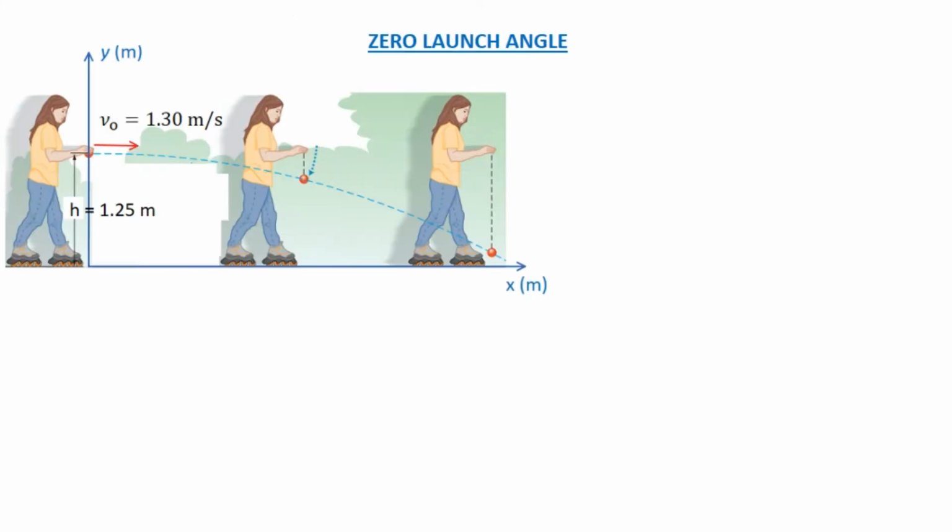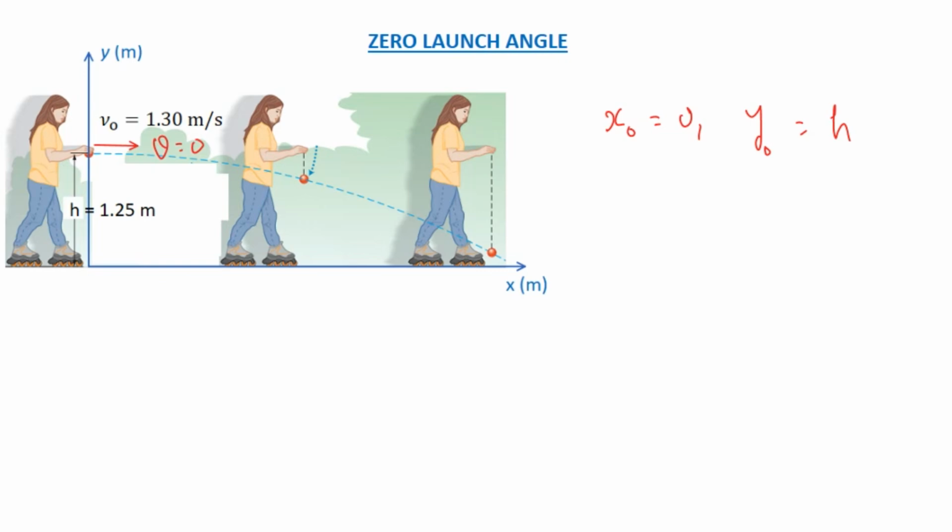Then next we discussed the zero launch angle, when the projectile is launched horizontally, like here theta is equal to 0. Then we call this the zero launch angle. We also derived the equations of motion when a projectile is launched horizontally. In this case x naught is 0, and the initial position y naught is h.